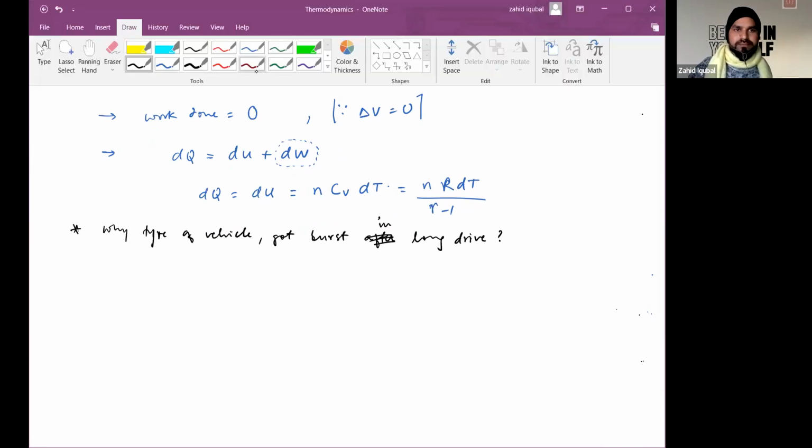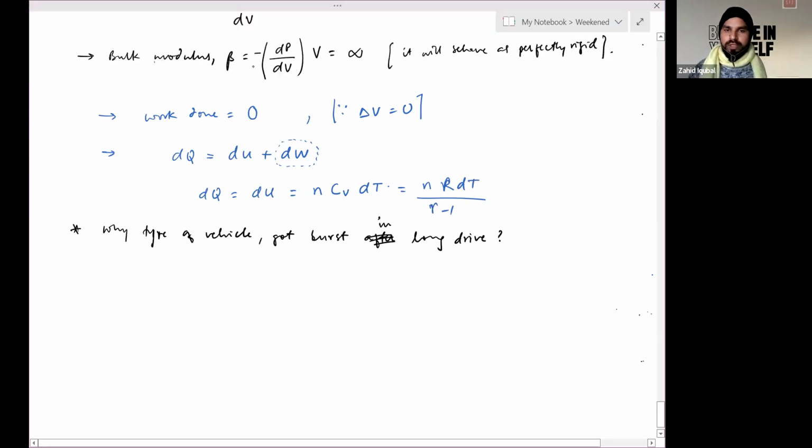You'll say the volume of that particular vehicle's tire will be constant. So at constant volume, pressure and temperature will be directly proportional to each other.